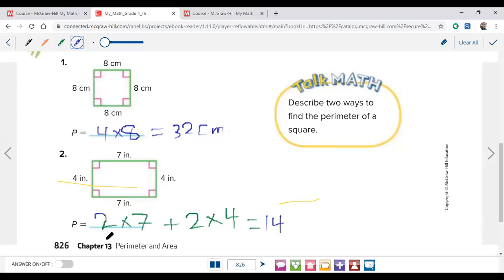2 times 7 equals 14 plus 2 times 4 equals, yes, 8. So the answer will be 14 plus 8 equals 22 inches.